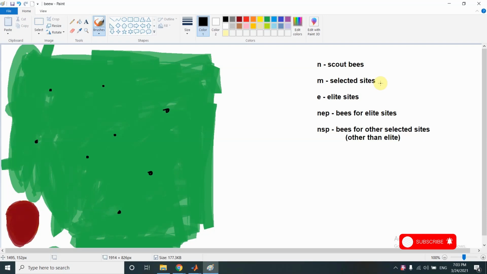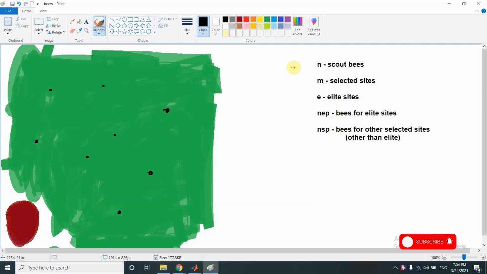Out of those N different locations, the best M locations are selected, and out of those best M locations, the best E elite sites are selected. Now, some bees are sent to those selected elite sites, and some bees are sent to the other M sites which are not elite sites.